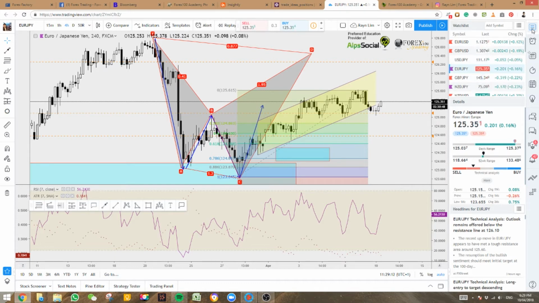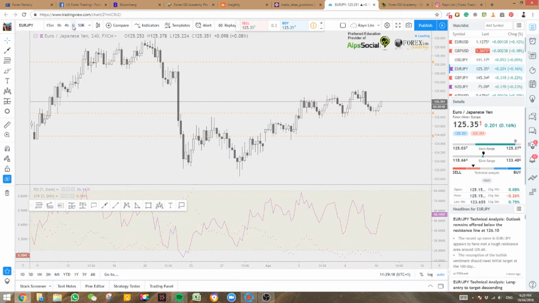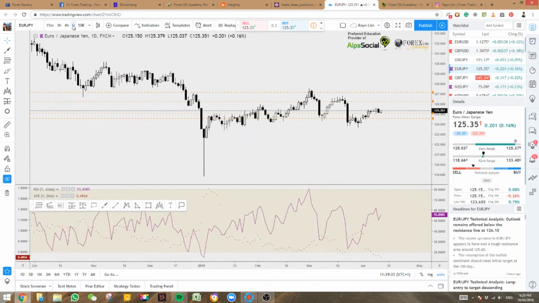Alright, so this is on Euro Yen. Let us move down to Pound Yen, shall we? Alright, so better right now.